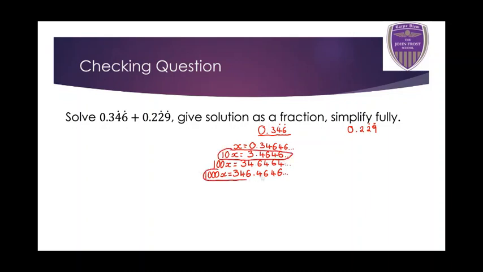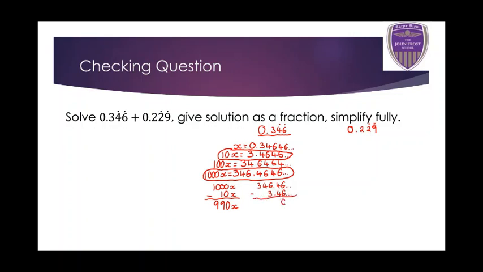Okay, so 1000x, take away 10x, is equal to 990x. 1000x was equal to 346.46 recurring, and we were going to take away 3.46 recurring.